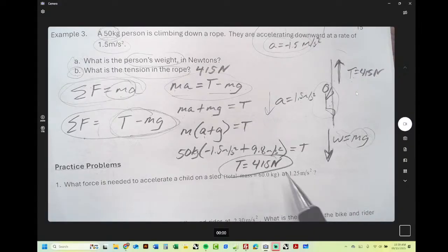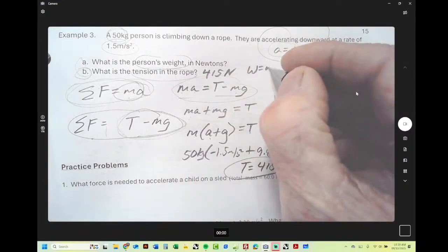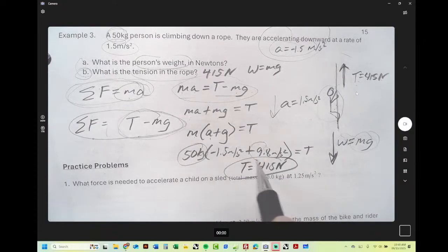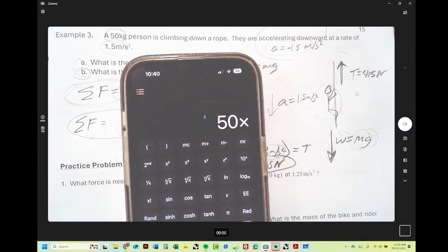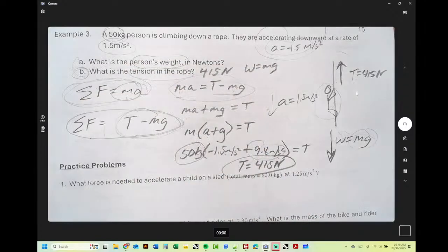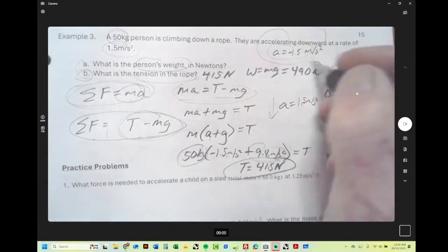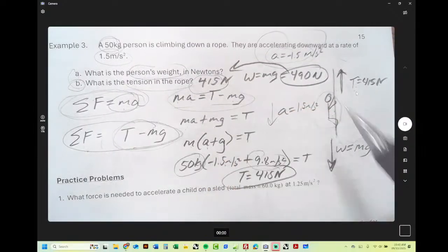So a couple ways to do it. Weight is mg, and this is m times g, but it's not m times g, it's g minus a little bit. So this number right here is a little bit less than weight. If I want to do the exact weight, it's going to be 50 times 9.8, which is 490. So the person's weight in newtons is 490, and the tension in the rope is 415.